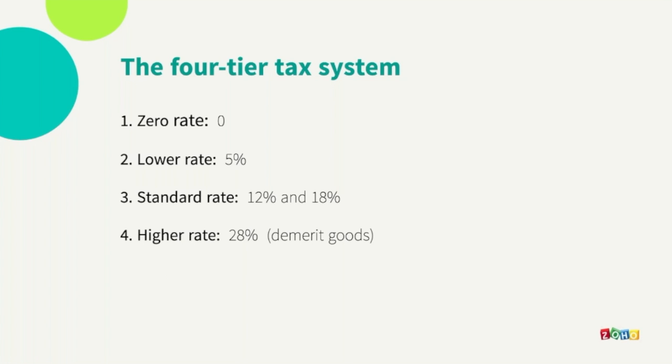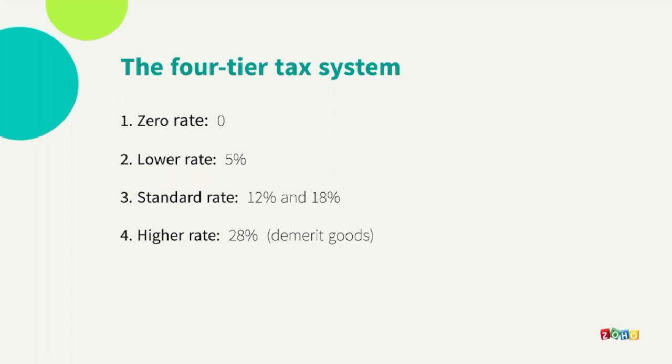You start with a zero rate, which you levy on essential items such as food grains, cereals, and things that are about 50% of the items present inside the CPI basket. And then this is followed by a base rate of 5% on goods like edible oil, spices, tea, and coffee.